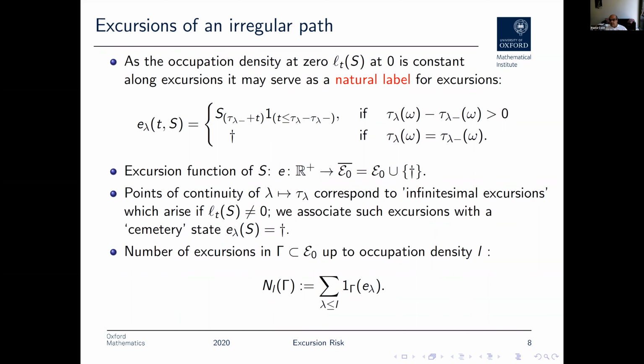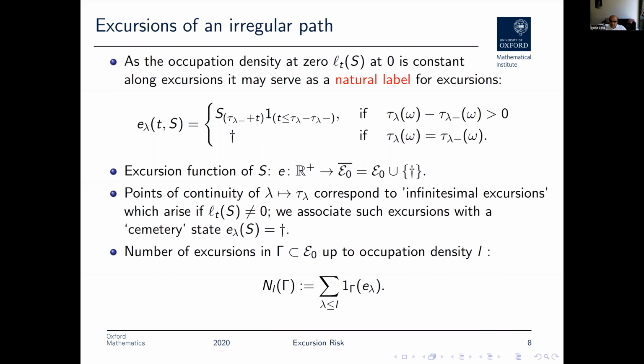Because it may be uncountable, it's a non-trivial thing to figure out the correct way to label the excursions. So that's why this idea of Levy and then Ito, to label the excursions with this occupation density at zero, is a really nice idea, because as you will see, it enables us to define a process which will be the collection of all these excursions, but there's no natural way to label them except through this occupation density, which gives a natural order to the excursions.